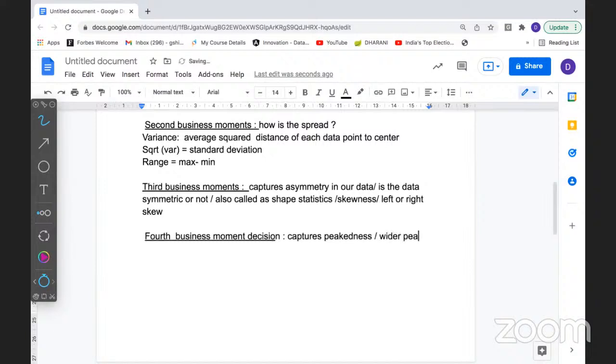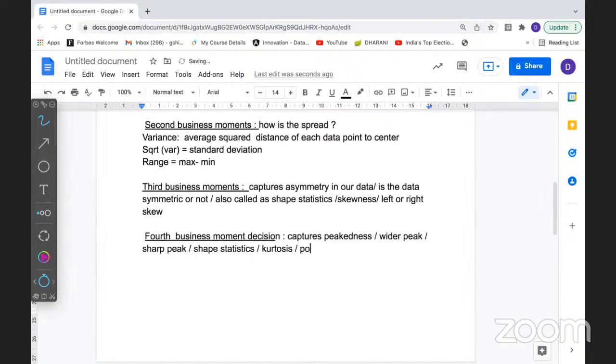Wider peak or sharp peak. Based on the shape you are talking about, this is also called shape statistics. This is actually nothing but our kurtosis, right?